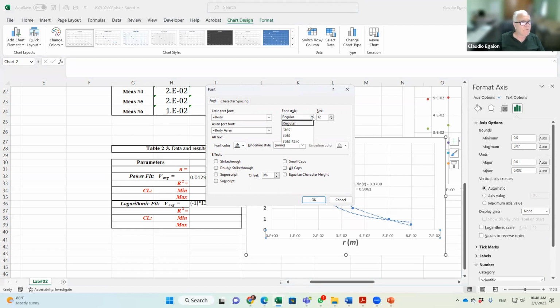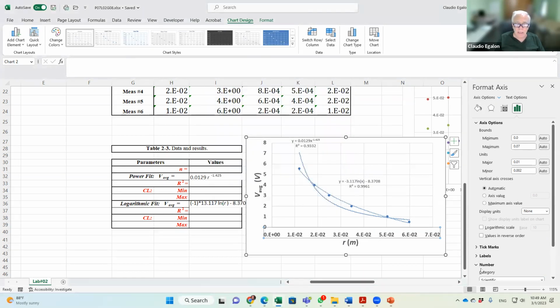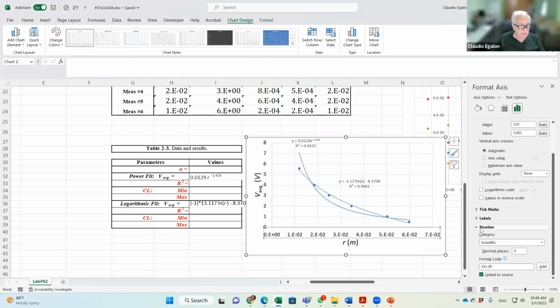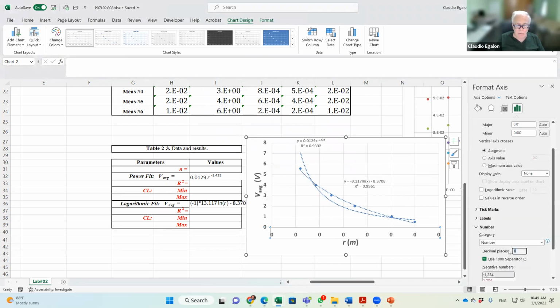I like boldface in my axis. I also have to change the number instead of scientific. We put regular number with 2 decimal places, otherwise you're going to have only zeros there.